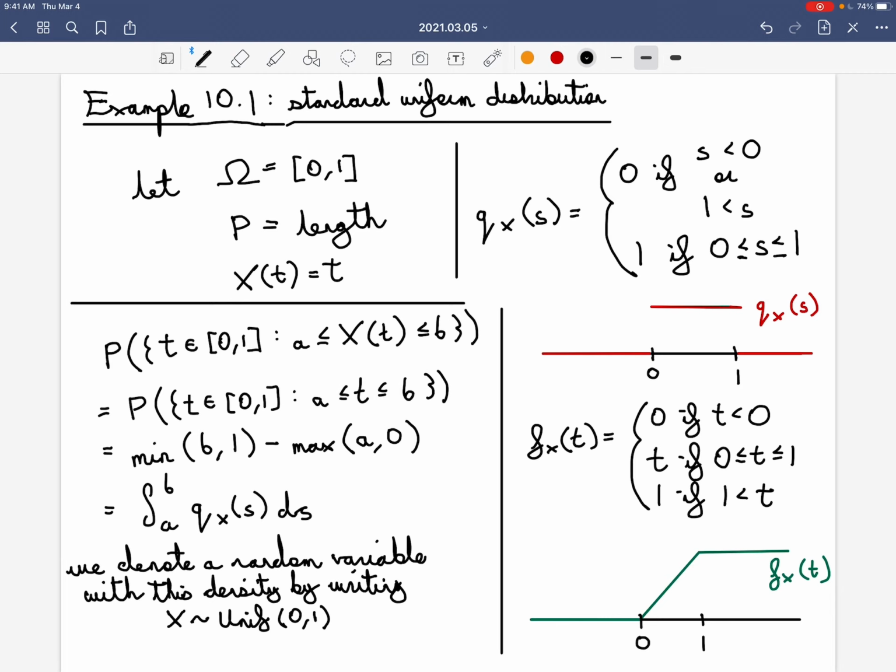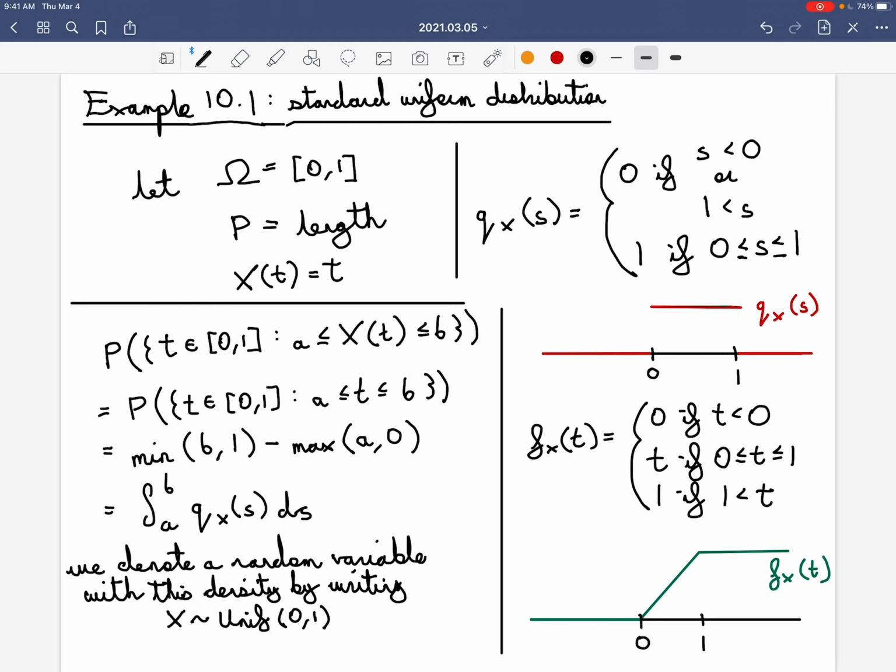Okay, so let's see an example of a continuous random variable. This is what's called the standard uniform distribution. In this case, the sample space is the unit interval, so the sample space is all the numbers between 0 and 1, and the probability on this sample space is just length.